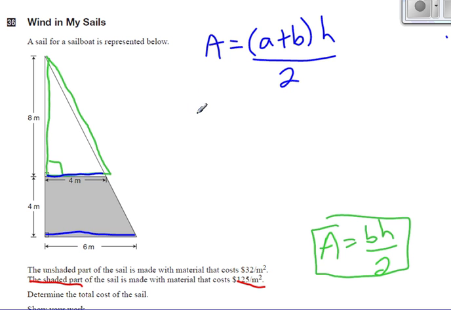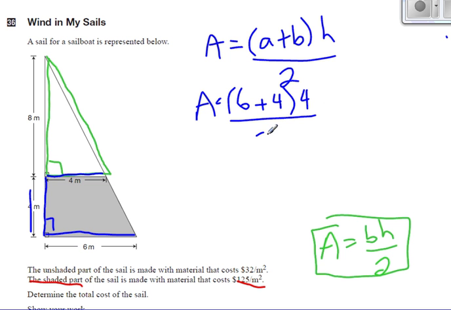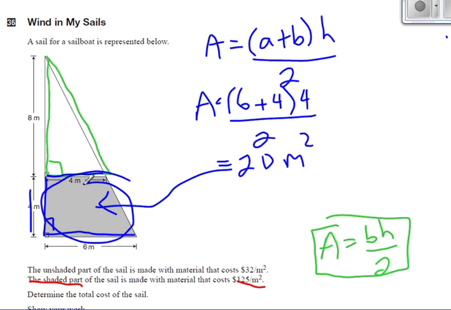So in this case, it's going to be 6 plus 4. The height, what's perpendicular to the base and to A and B? Well, the height must be 4. And then divide by 2. So 10 times 4 is 40. 40 divided by 2 is 20. So there are several different methods you could have used for finding the area of that shaded region. Otherwise, the question is the same.